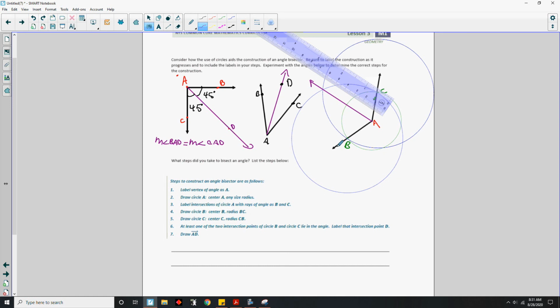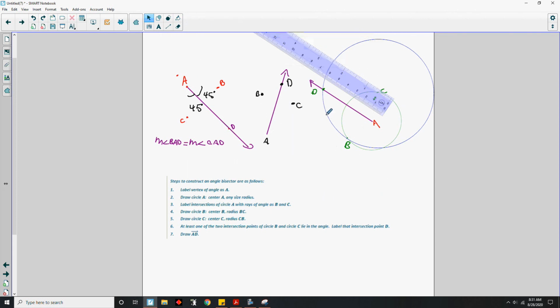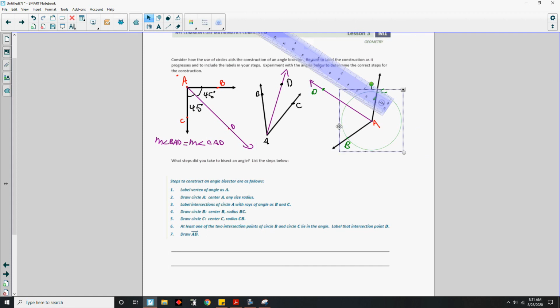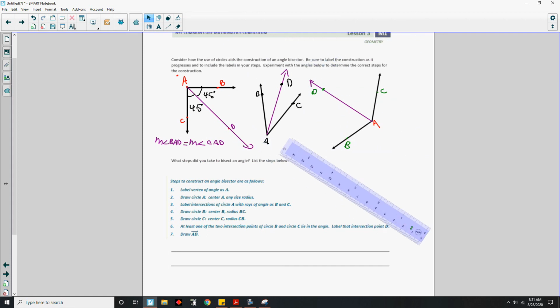Like so. And I'm going to call this point D. Erase, oops. Struggling here. Where's my delete button? There. And here, and move that out of the way.